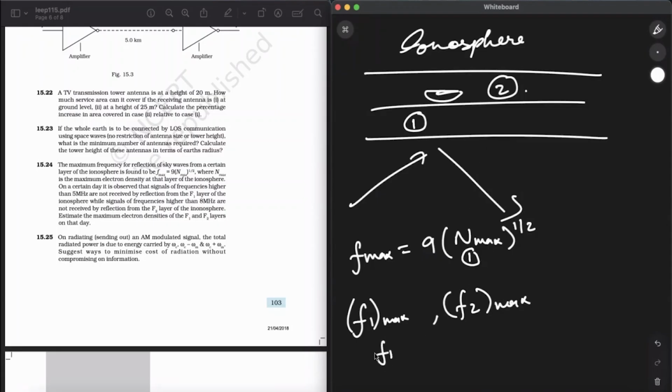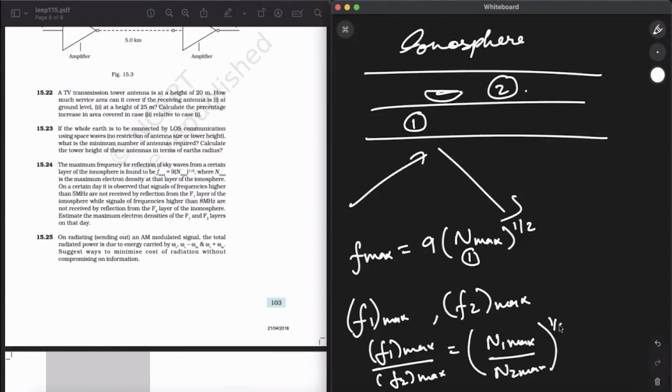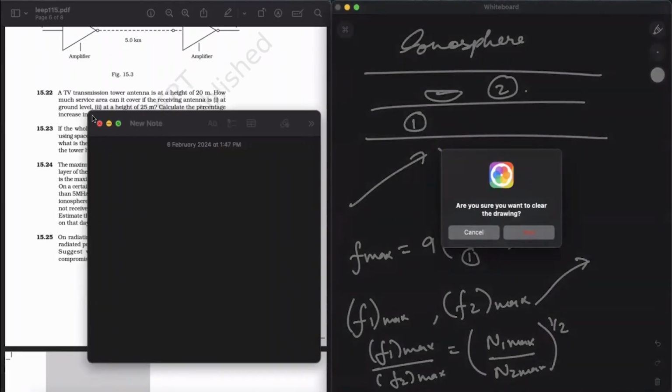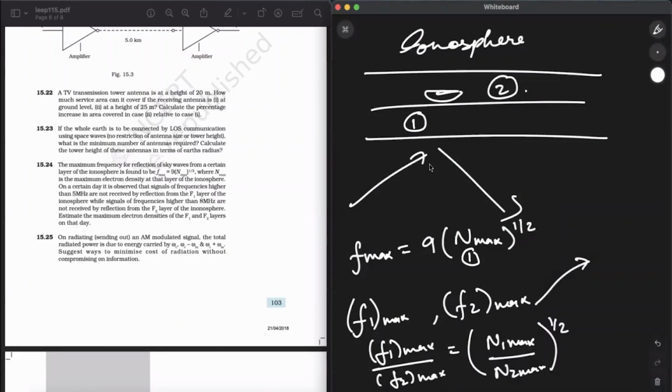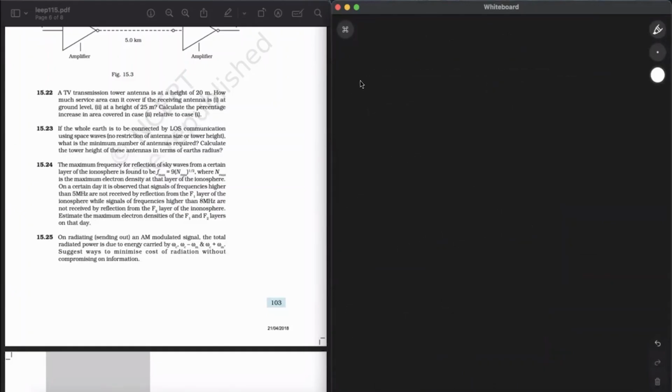So F1 max divided by F2 max will be equal to N1 max divided by N2 max to the power 1 by 2. Actually, we will find them separately, not the ratio. Okay, so if we have to find them separately, we will put in the values.